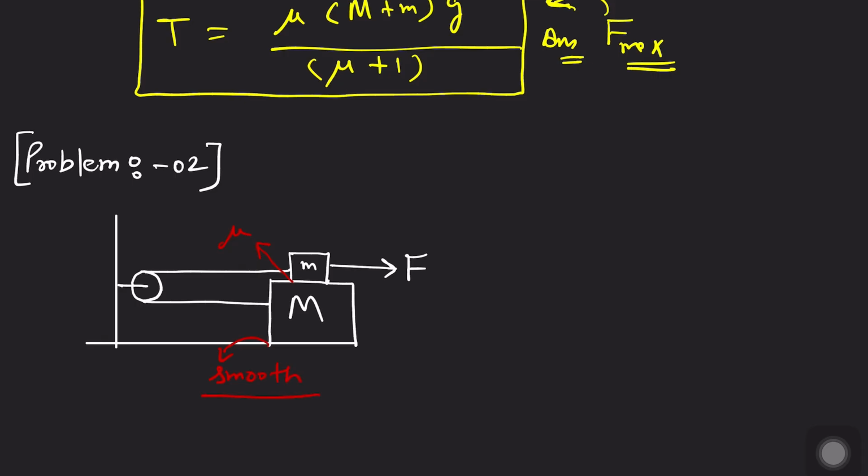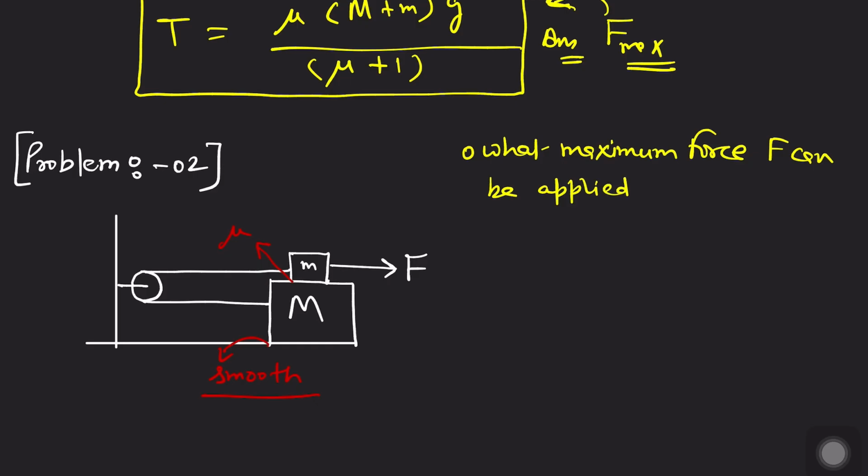Now it says: what maximum horizontal force F can be applied? So let me write down the question: what maximum force F can be applied without disturbing the equilibrium of the system.